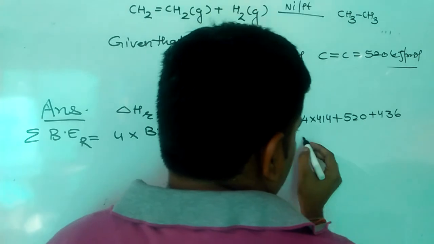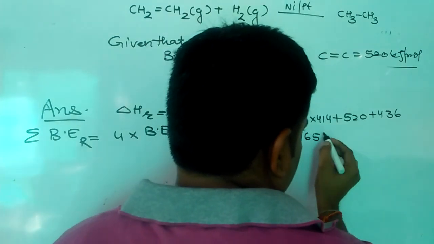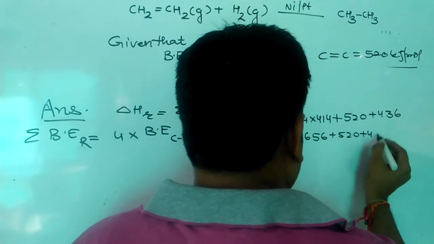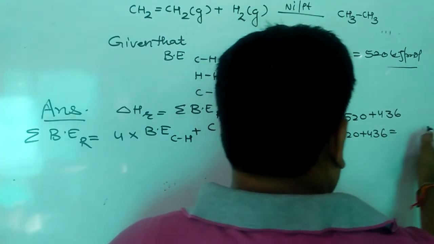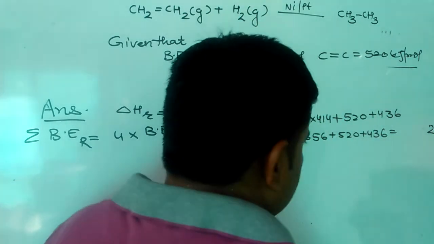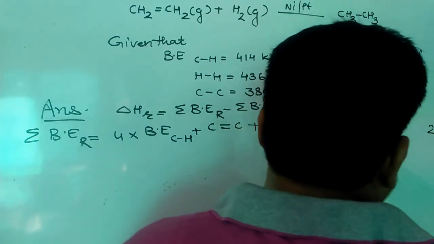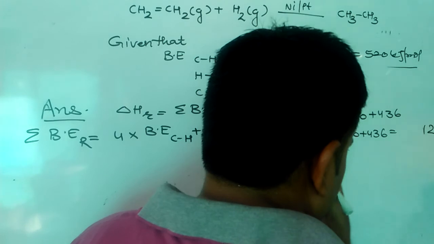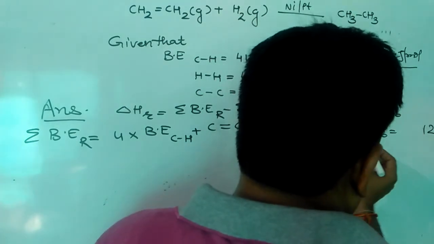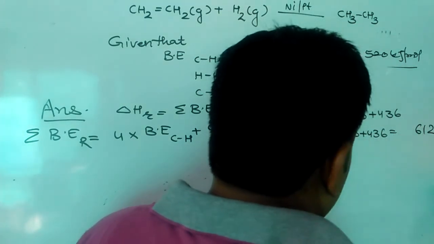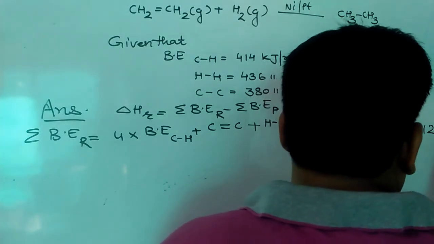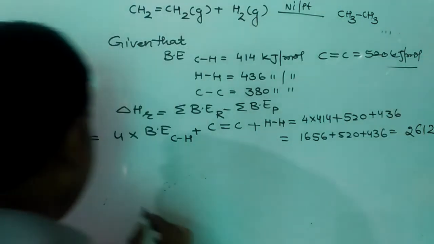It will be 1656 plus 520 plus 436, which comes to 2612 kilojoule per mole. This is for the reactants.